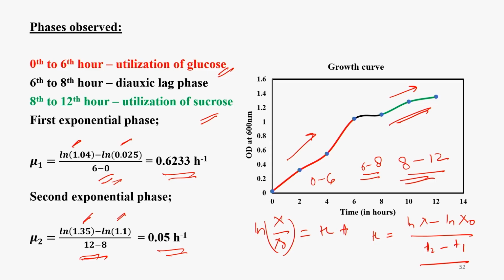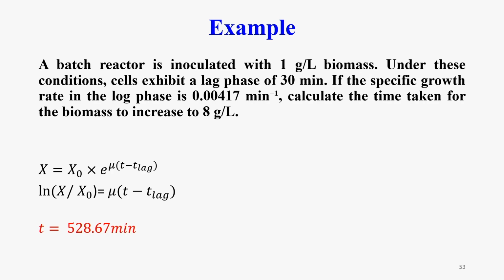So, we observed diauxic growth here, utilizing two different substrates, and there is a significant difference in the specific growth rate values. We will see one more example here.